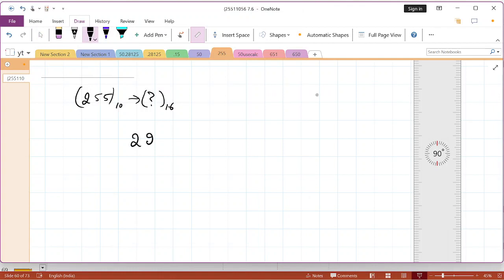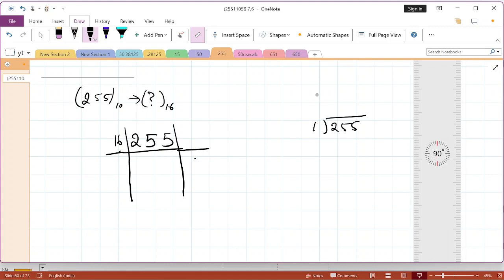So it is repeated division. First we will divide the original number by 16, and we will write the remainders on this side. So 255 divided by 16.